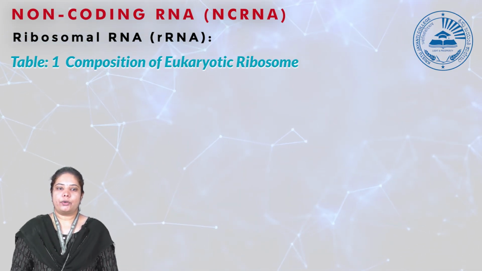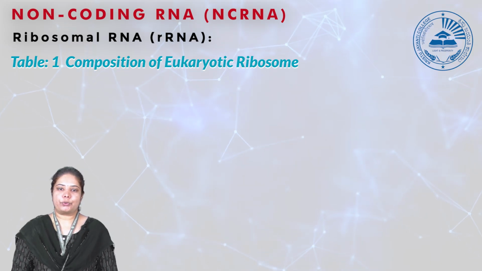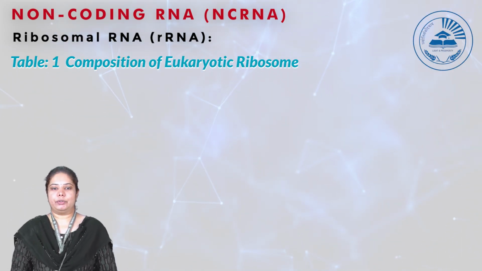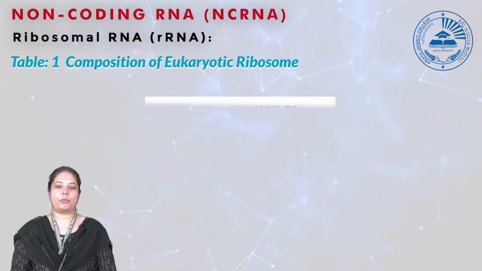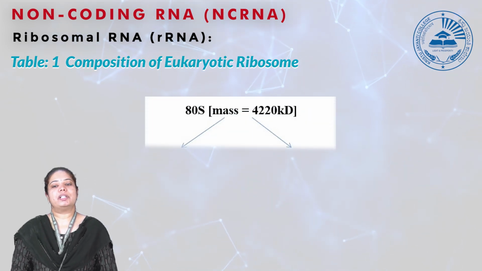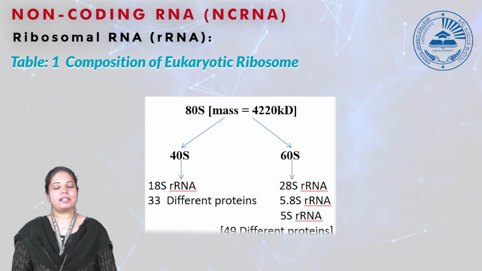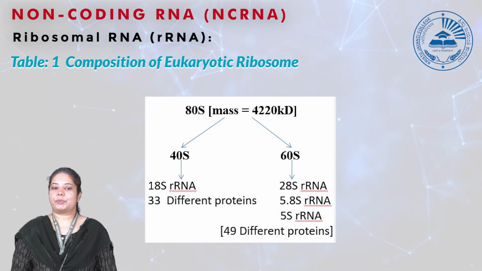In the eukaryotic cell, the eukaryotic ribosome, based on mass, is divided into two Svedberg units. One is the small subunit, and the other is the larger subunit. The smaller subunit is 40 Svedberg units, and the larger subunit is 60 Svedberg units.